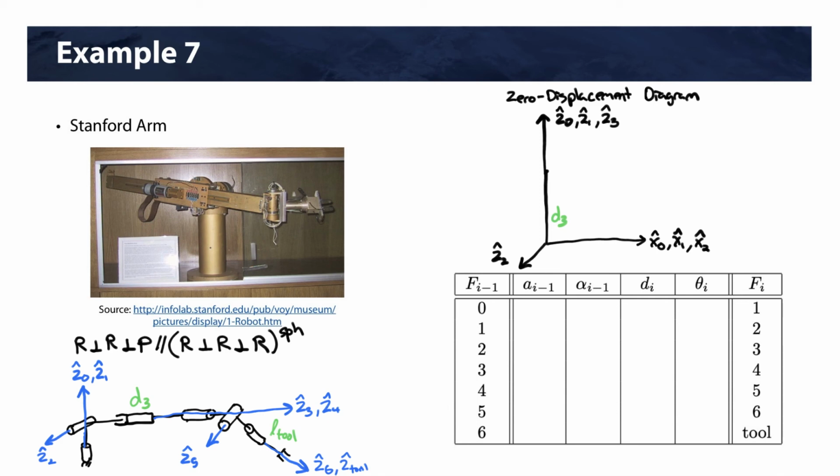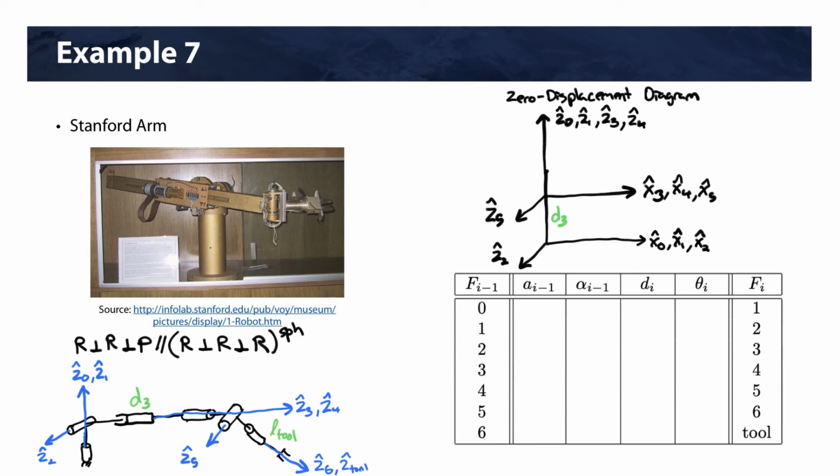That's going to bring us to X3. Z4 is collinear with Z3, so Z4 is up as well. Z5 is perpendicular, so it's here. There's X5.